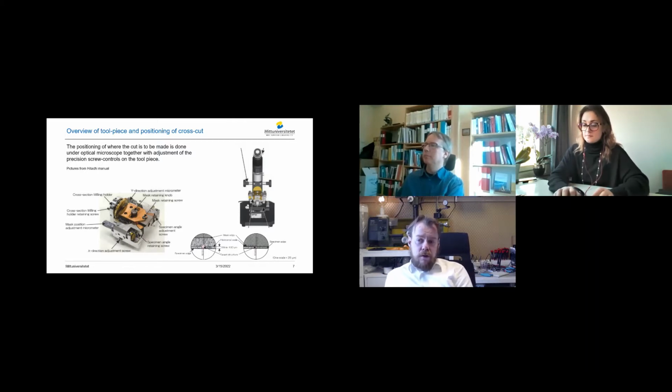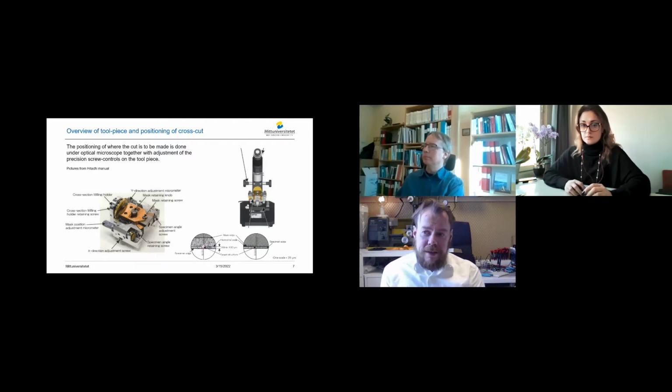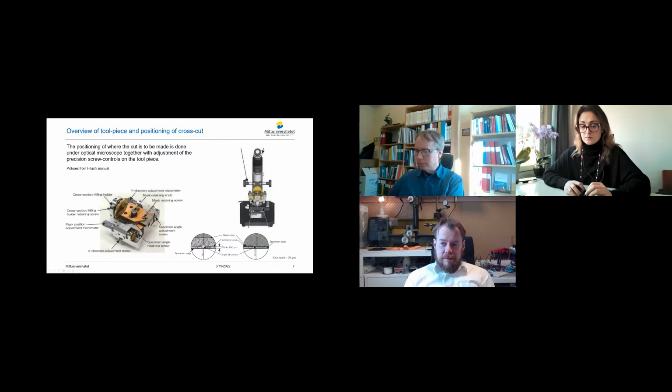You can also rotate the sample and position the mask across the top of the sample, so you have control of all these parameters with this jig. There's a dedicated microscope, the thing we see here on the right. We put the tool piece inside this standard optical microscope, and then we can look inside the microscope to make this fine adjustment.